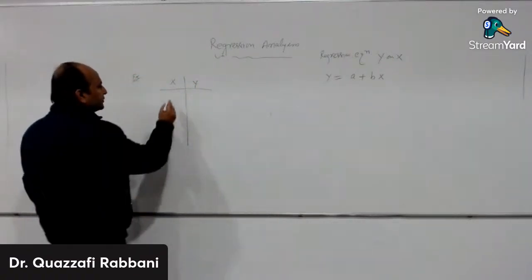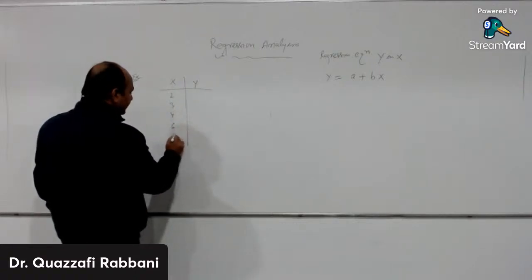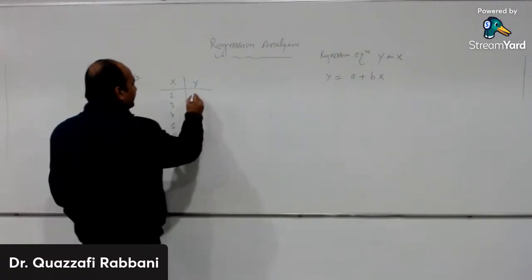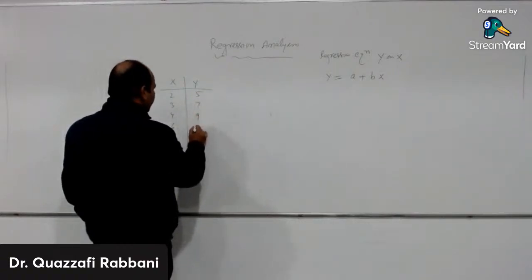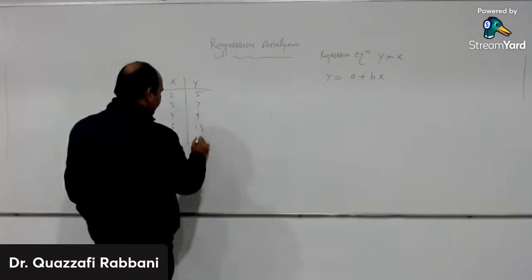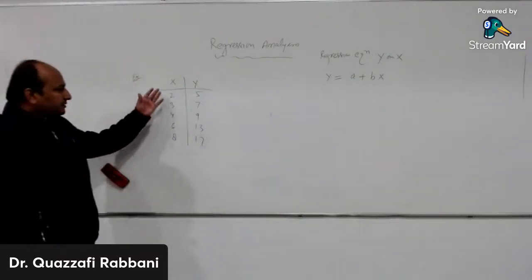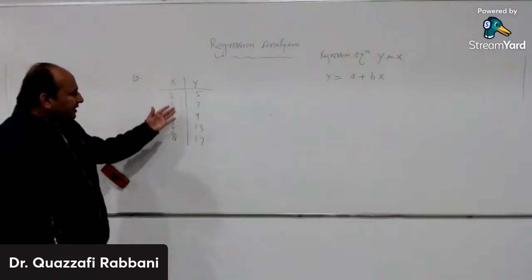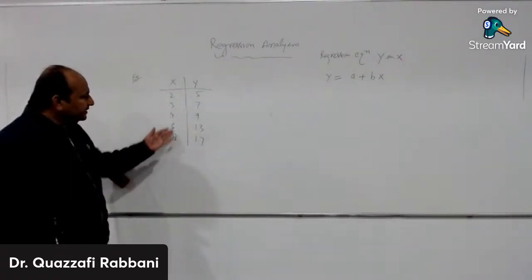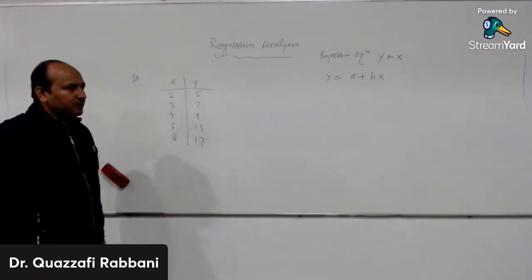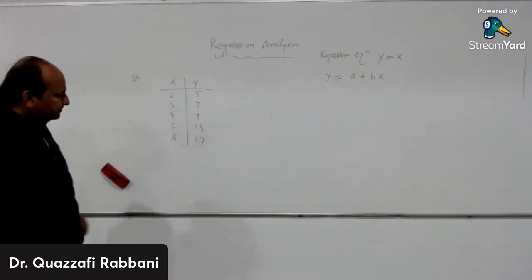Suppose x is 2, 3, 4, 6, 8, and y is 5, 7, 9, 13, and 17, for example. If you see, you can assume that these two variables are correlated because x is increasing, y is also increasing. So x and y are correlated.